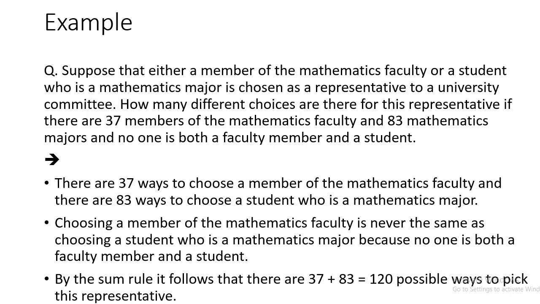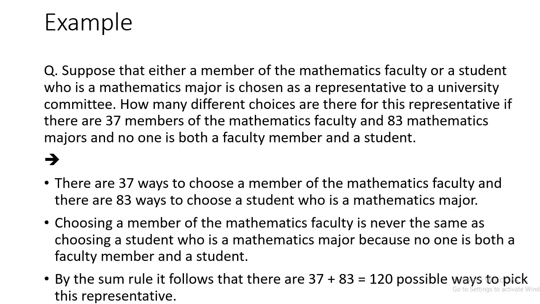How many different choices are there for this representative if there are 37 faculty members and 83 mathematics students? The condition is that no one is both a faculty member and a student. Now let's see the solution.